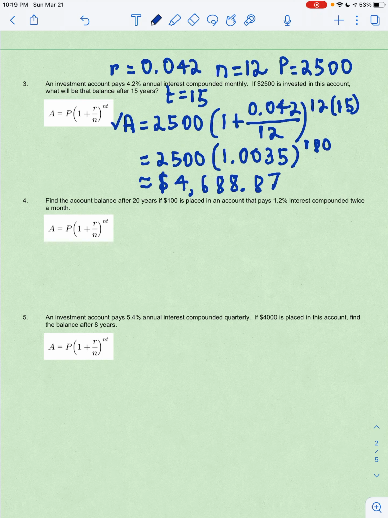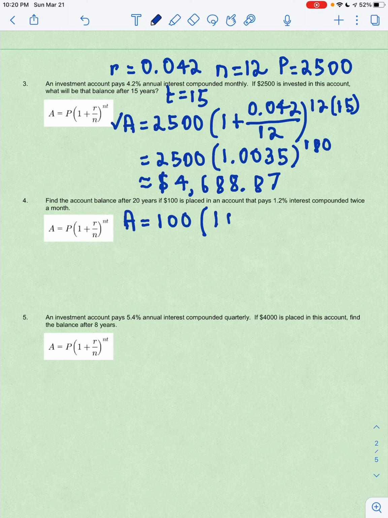Let's try our second one. It says find the account balance after 20 years if $100 is placed in an account that pays 1.2% interest compounded twice a month. So in our formula, that means for P, we want to input 100.